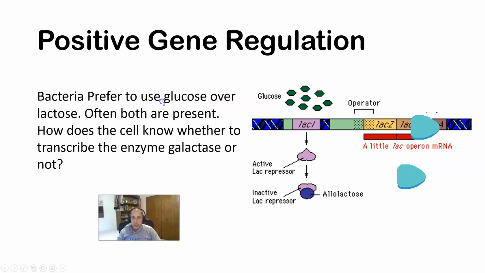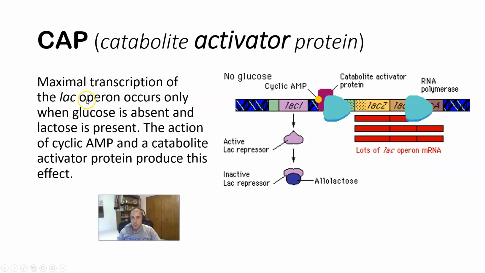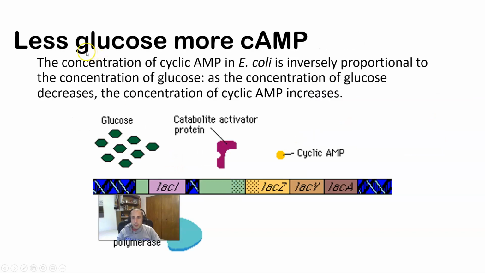If we take a look here, maximum transcription of the lac operon occurs only when glucose is absent. We don't have glucose seen here, so we're going to transcribe to make that. And notice cyclic AMP is acting like an inducer. It's fitting into this activator protein, kind of like the operon. So take a look. We have glucose right here.